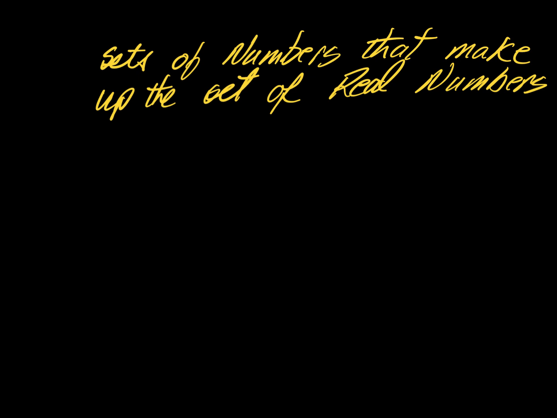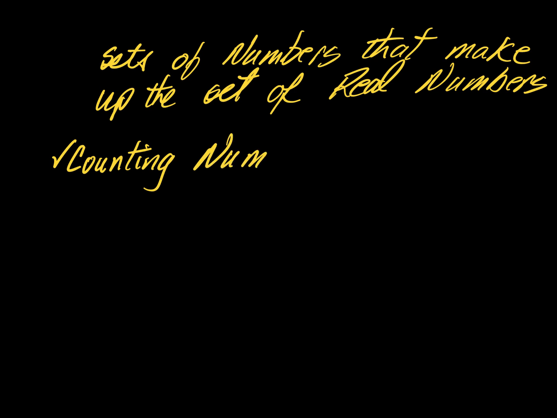So the first thing we want to discuss are the sets of numbers that make up the set of real numbers. Now, as you went through elementary school, the first place you started was what was called the counting numbers.